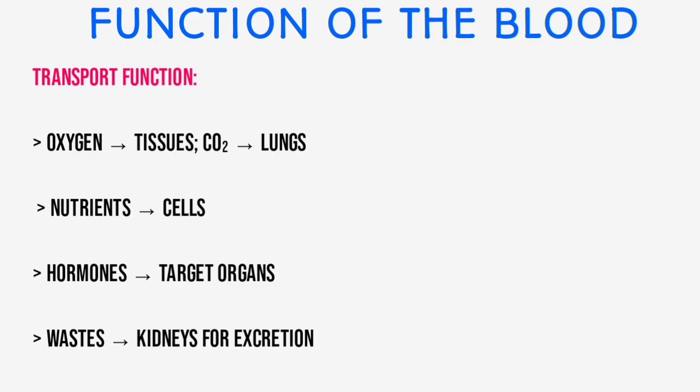It carries oxygen from the lungs to the tissues and carbon dioxide back to the lungs to be exhaled. And then nutrients from the digestive tract to the blood cells, hormones from endocrine glands to target organs, and then waste products like urea and creatinine to the kidneys for excretion. So in short, the blood is like a delivery system, constantly moving essential substances.